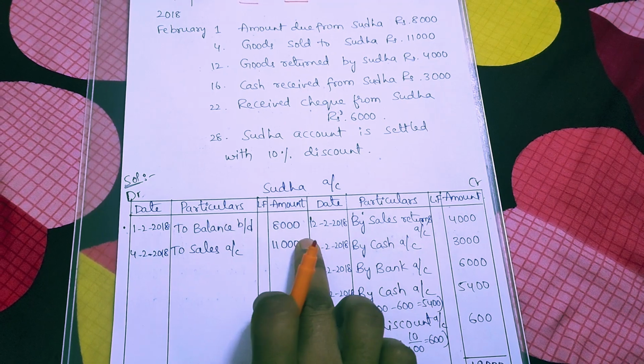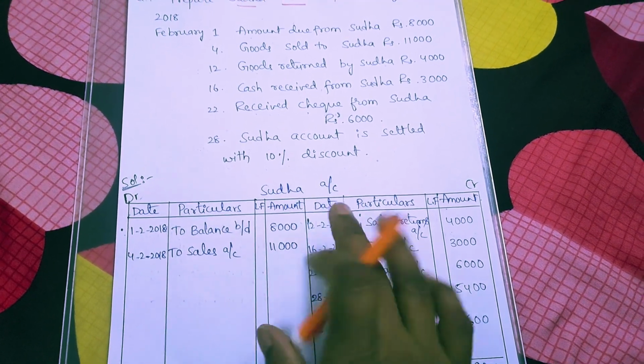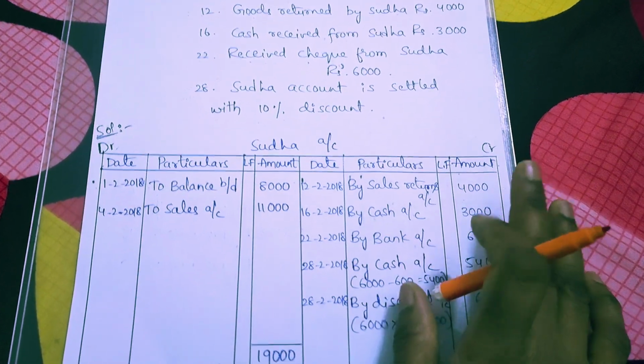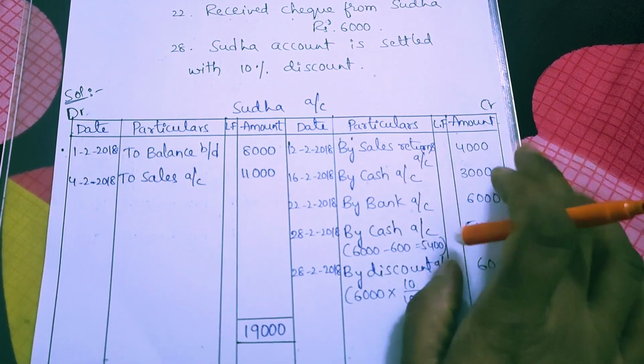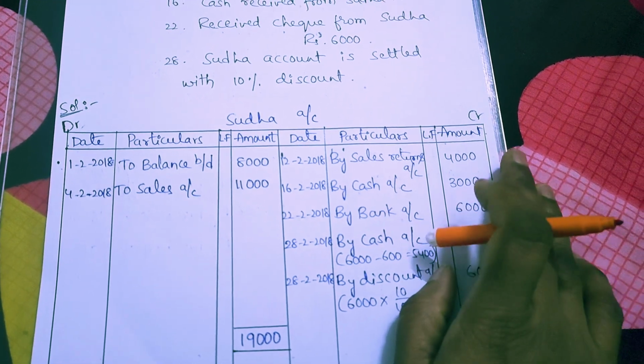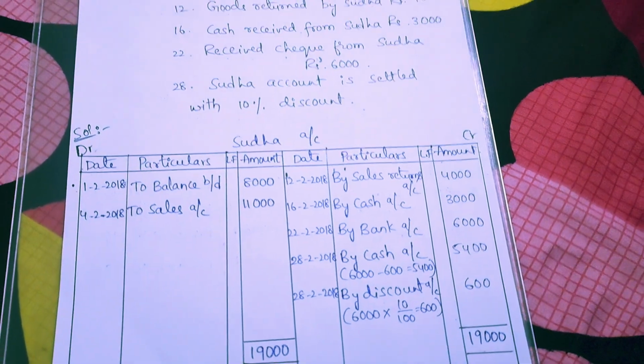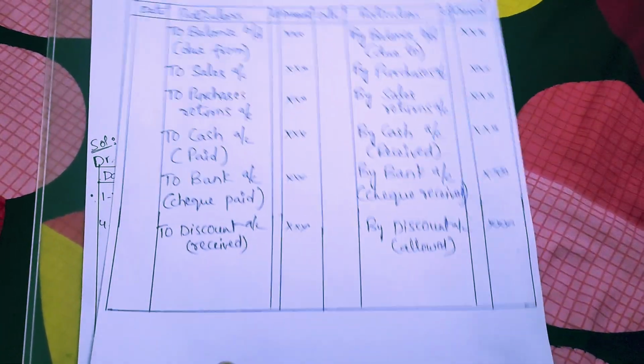From date to amount, this is called the debit side, and from this date to amount, this is called the credit side. Where it is going to appear, that is the question now, and it is very simple. You just have to remember the format. I will show the format, you will understand now.